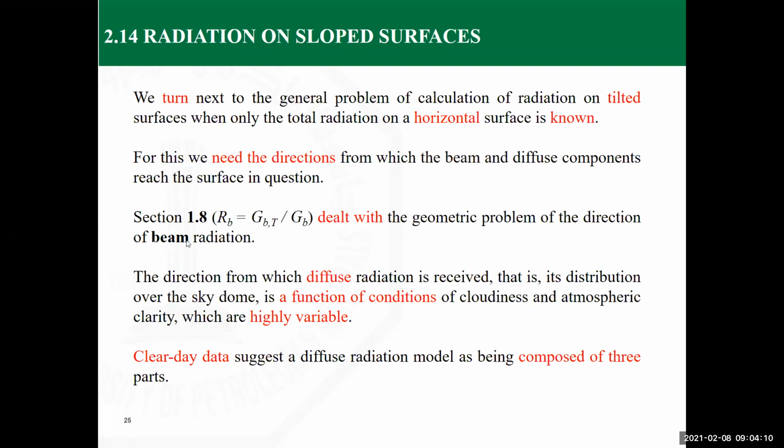We did not do it for the total radiation or including the diffuse part of it. So this is basically what we need to look at now, being able to calculate the fractions of the radiation that are diffuse and how much of it is beam radiation. Then we are in a position to look at estimating the total or the diffuse radiation which is falling on a sloped surface.